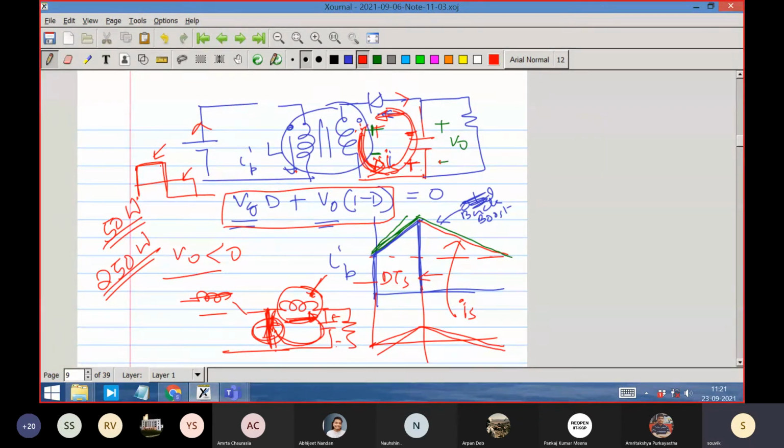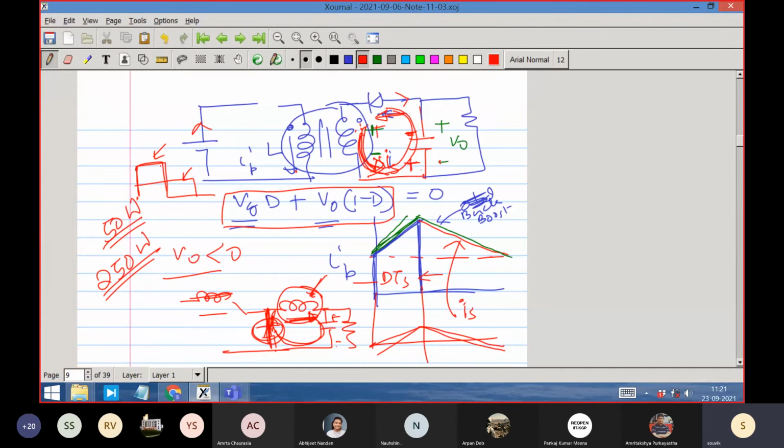So we normally want to have a better distribution of current. We don't want it to be very peaky. It increases switching loss and RMS current. For the same average value, RMS value will be more if the duty ratio is less.